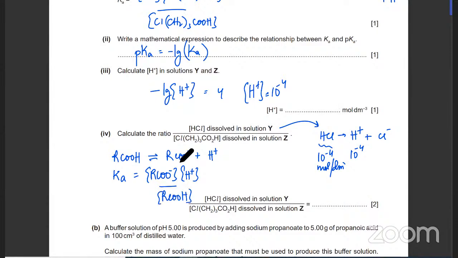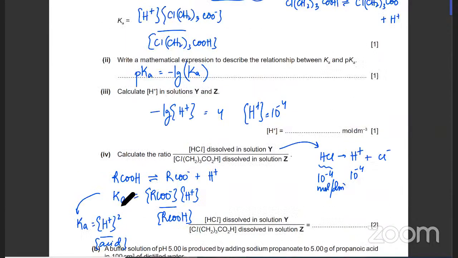The simpler way is that these two ions have exactly the same concentration. So K is equal to H plus squared divided by the concentration of the acid. Both ions have equal concentration, so you just have to simplify this.